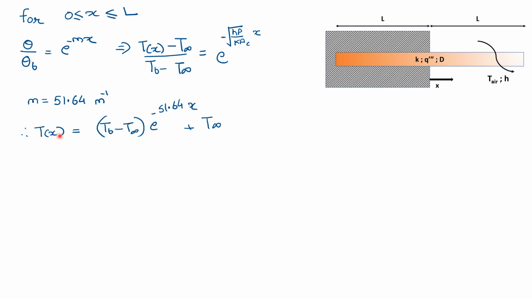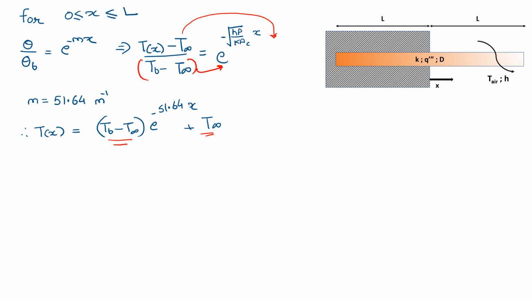So on substituting the value of m and taking the denominator on the right hand side, that's why we got a Tb minus T infinity here, and I took the T infinity and took it on the right hand side, so that's why we have a plus T infinity on the right hand side.